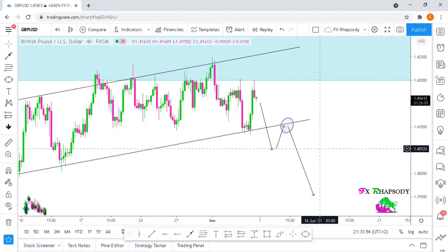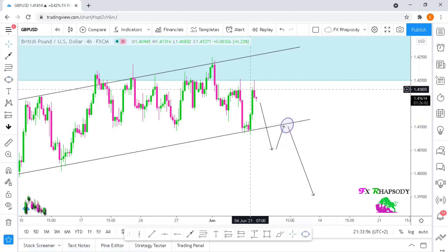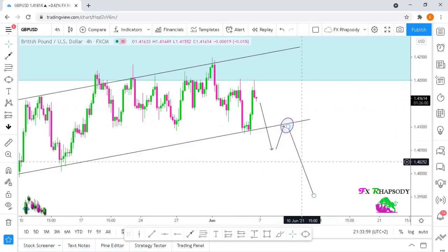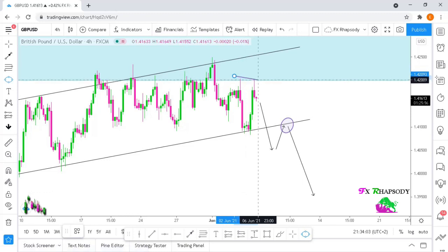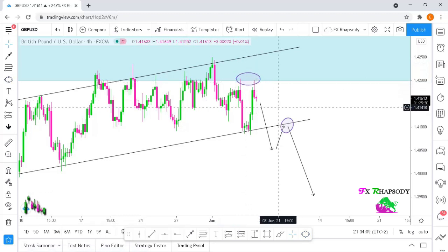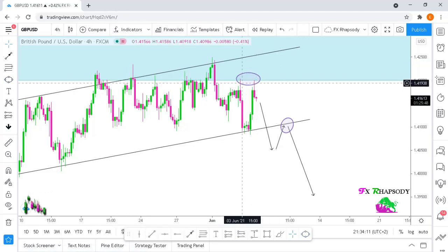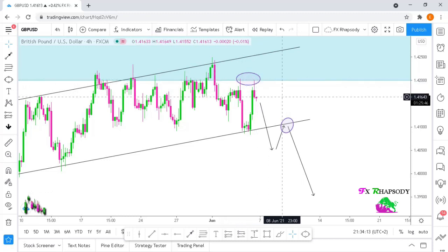Nice sell opportunity, but again, this is a big possibility that could happen. We can see this area here. It's been tapping this area. It's the second time tapping this area, also in our zone of the big resistance zones.